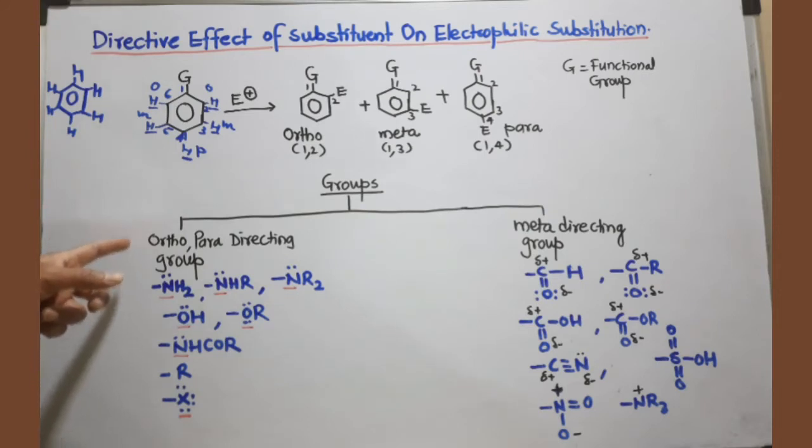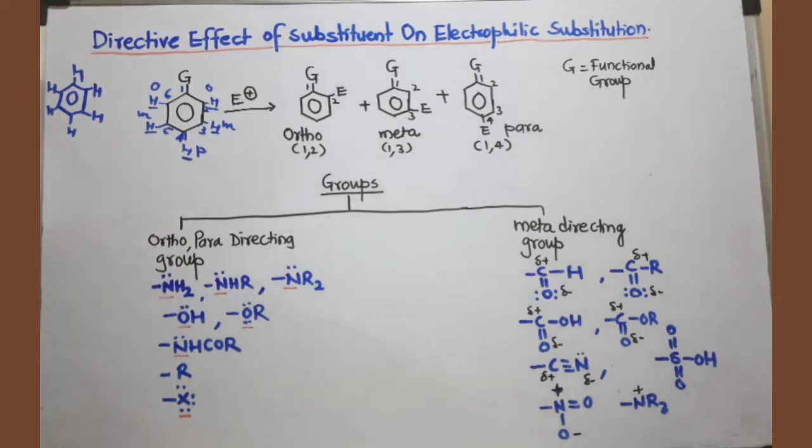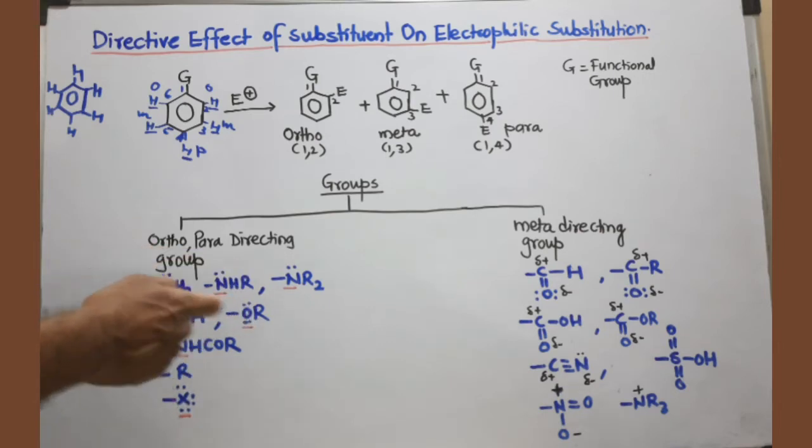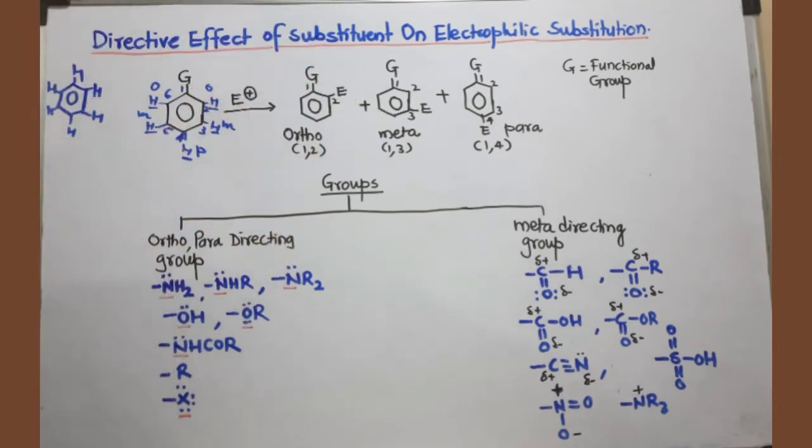This is common, or we can draw this conclusion. Except alkyl groups, all alkyl groups, that may be methyl, ethyl, isopropyl and so on. All alkyl groups, if G is an alkyl group, then that is an ortho-para director.